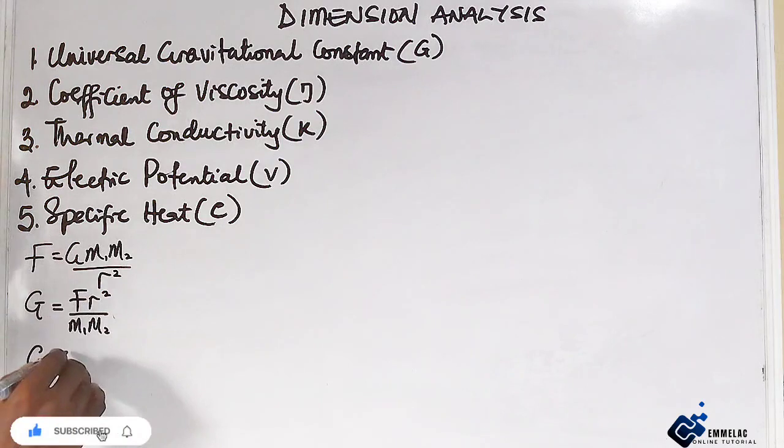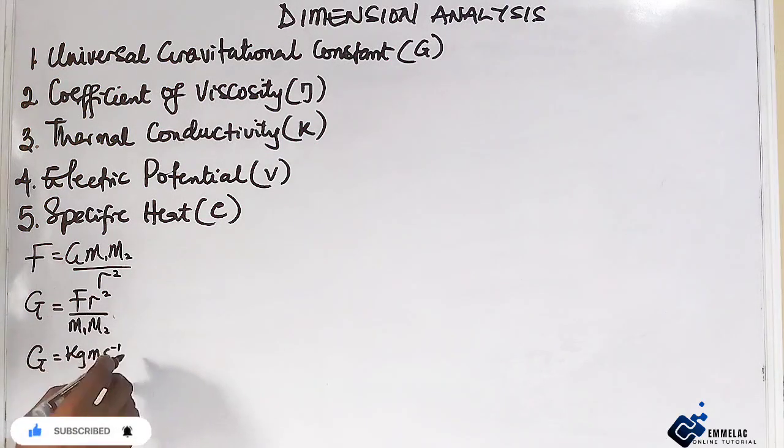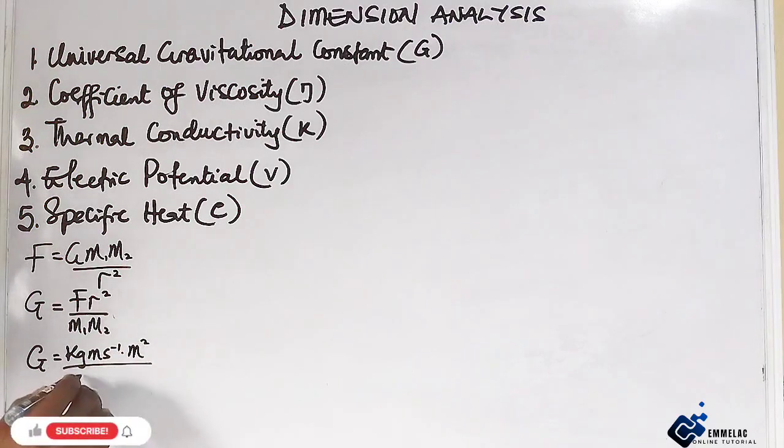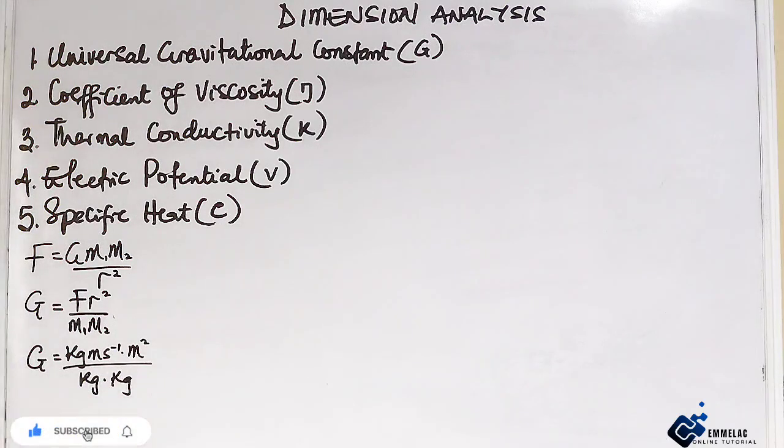Now for F, you have what? Kilogram meter per second squared, then times meter squared, all over kilogram times what? Kilogram. Now we will plug in the dimensions of all these units.